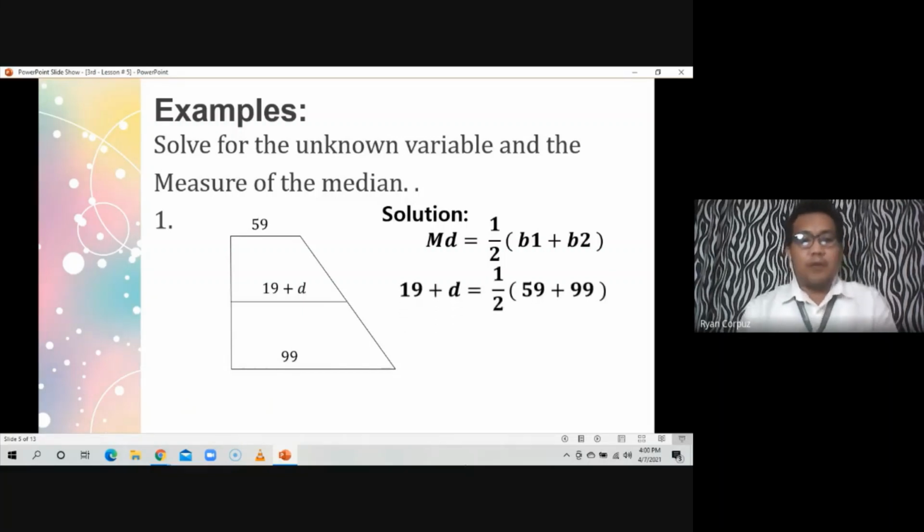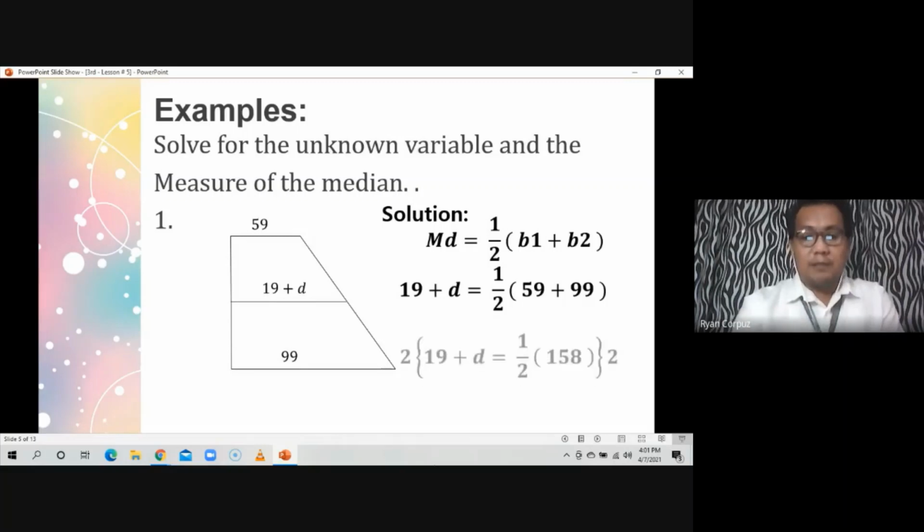We come up with the median given there is 19 plus D. We still don't know yet the exact measure of this median. So 19 plus D is equal to 1/2 times the quantity, sum of the bases. Base 1 is 59 plus base 2 is equal to 99. Combine similar terms.